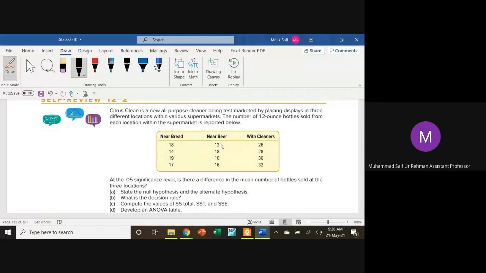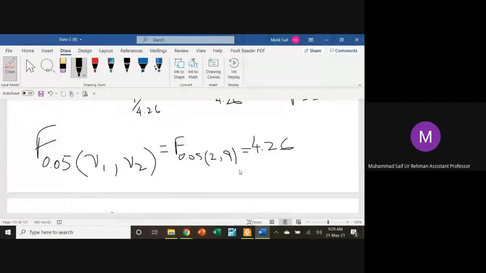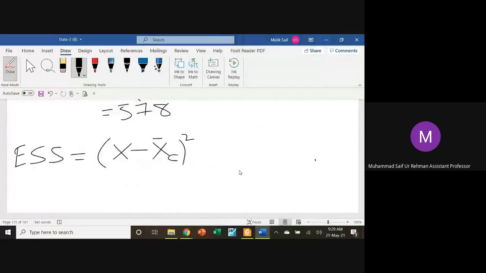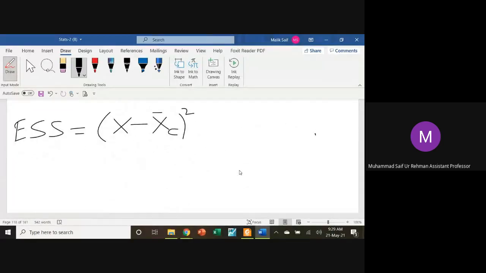Similarly, when you will take into your account the second column, you have to find out the average for these four values, and then you will subtract that average from these values one by one. Let's say in first column, the average I have found is 17.